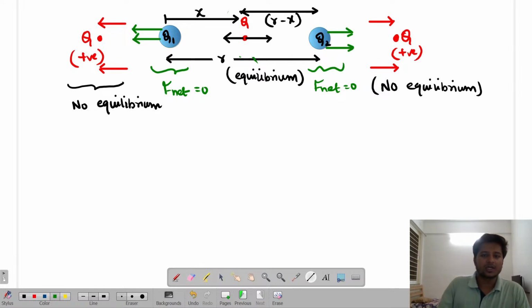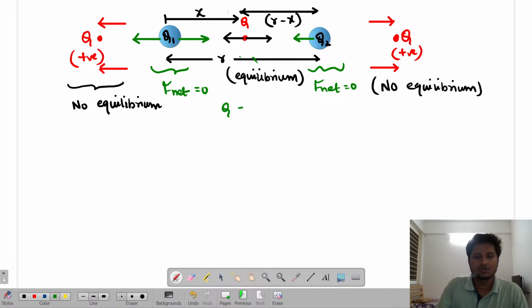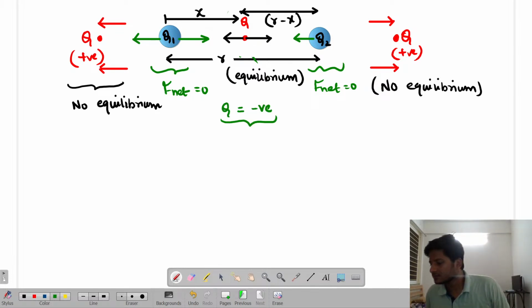So that means Q1 and Q2 will be thrown out of the system. So one thing is quite clear, that this capital Q needs to be what? Negative in nature. Negative, such that they must be attracted. So Q must be negative over here.